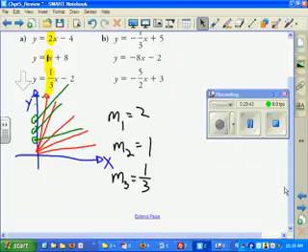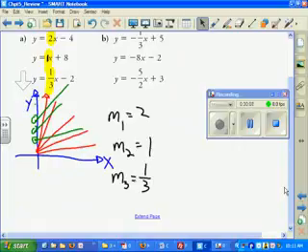Most horizontal. How would you figure it out? Well, how would you know? What lesson was this one from? 5.1, I believe. Yes. First one, right off the bat.